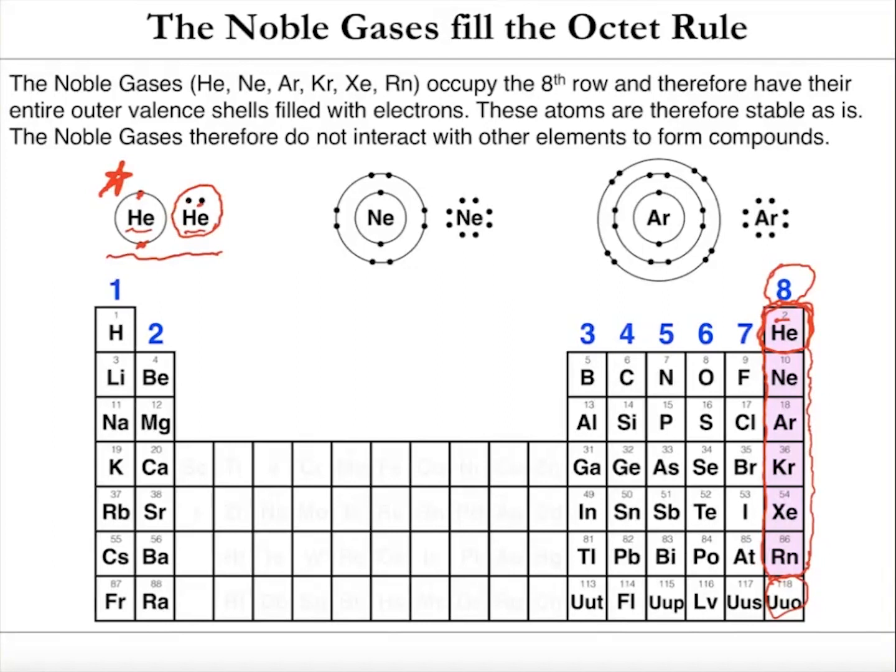Now, if you move across this other row, the next noble gas that you get to is neon. Neon has 10 protons in its nucleus and therefore has 10 negatively charged electrons to stabilize that atom. This is a depiction of neon right here. We have 1, 2, and those 2 electrons will fill that first valence shell.